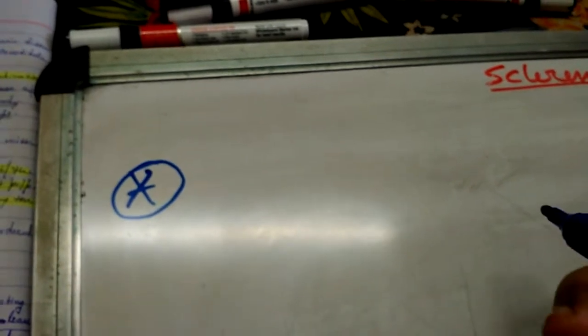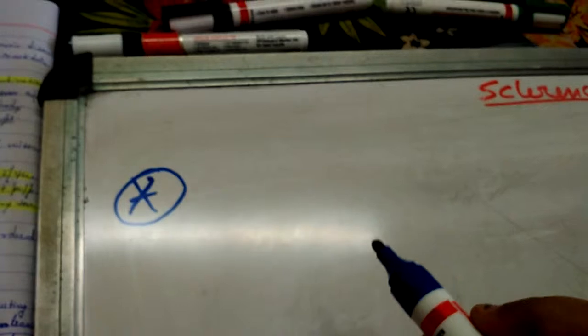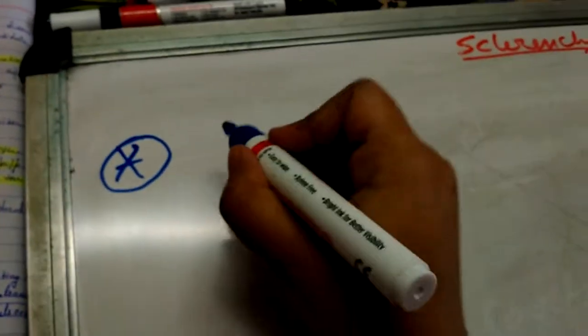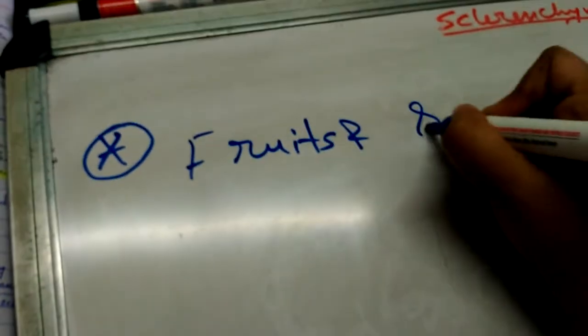If you chew them, you can actually feel some hard, stony things, and these are nothing but sclerids. So sclerids are present in fruits and seeds.